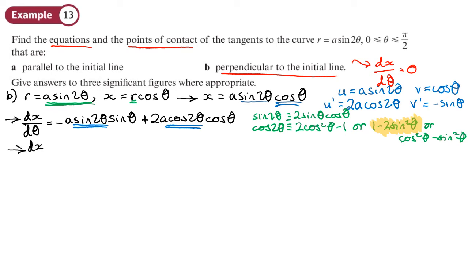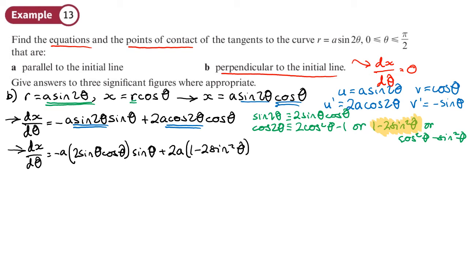So dx d theta will be negative a times by 2 sine theta cos theta times by sine squared theta. So there's the substitution, plus 2a, and I've decided I'm going to change the cos 2 theta to 1 minus 2 sine squared theta times by cos theta.